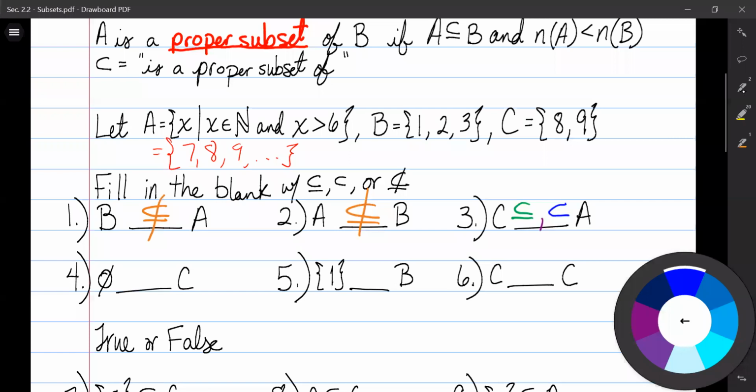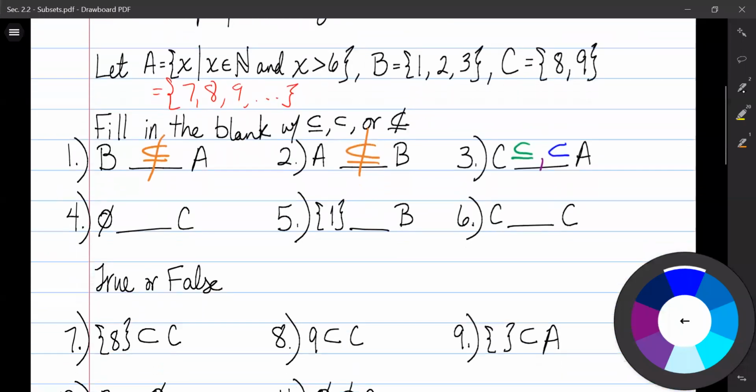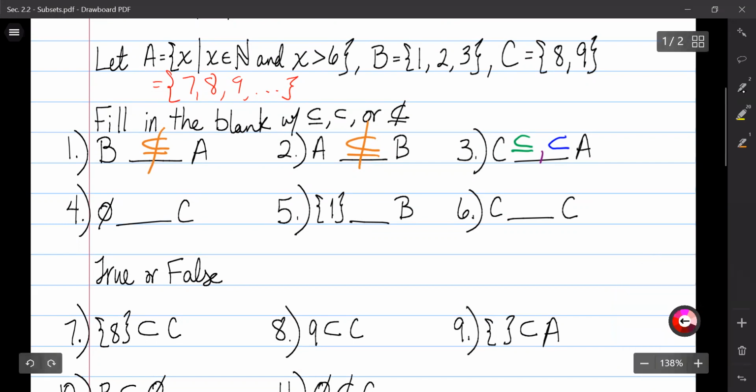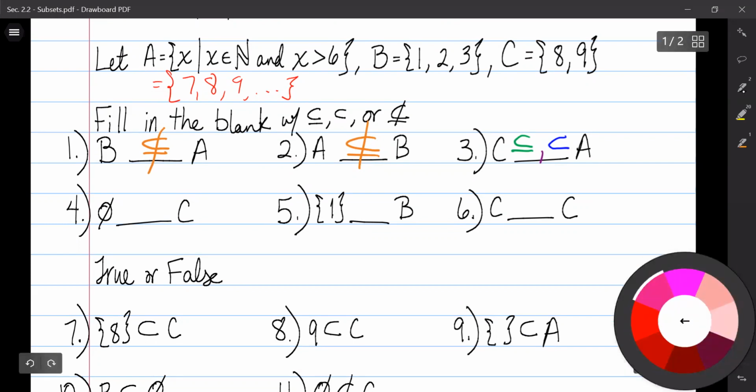So almost all subsets are also proper subsets. The only subset that's not a proper subset is the actual same set itself. It's kind of like the same idea as saying 5 is less than 6, that would be a true statement.